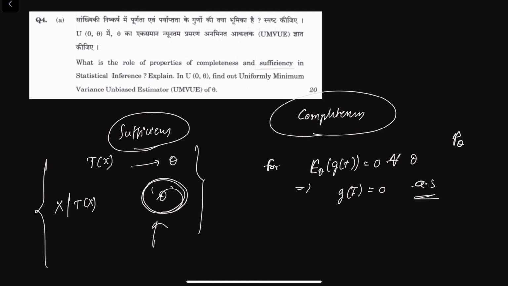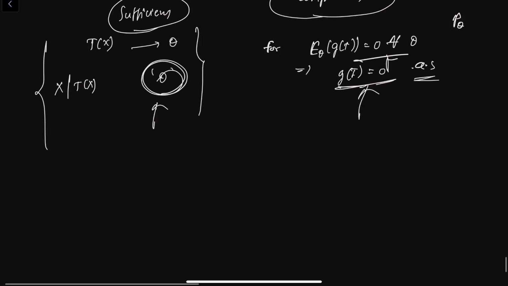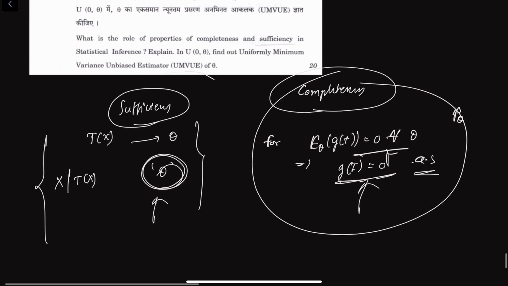So completeness is a uniqueness property, and it ensures that a non-zero function of T cannot have identically 0 expectation. So why do both matter?